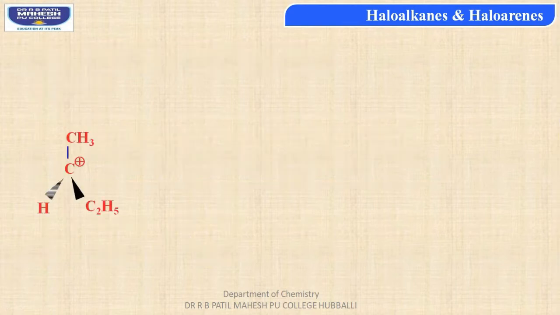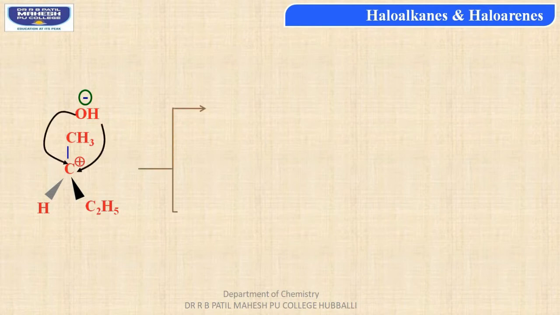Now students, the carbocation which is formed in step 1 is attacked by the nucleophile hydroxyl anion, and the hydroxyl anion, students, attacks the carbocation from two directions. Thus we get two different isomeric compounds.